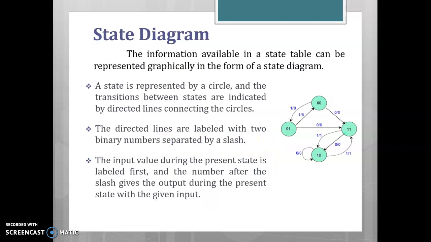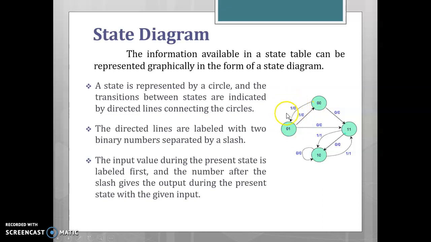State diagram is a graphical representation of the information available in the state table. An example of the state diagram is shown in the figure. In the state diagram, each state is represented by a circle, and the transitions between the states are indicated by directed lines connecting the circles.